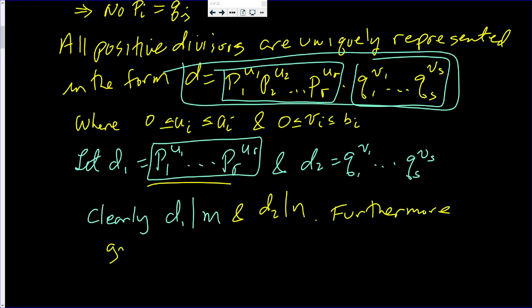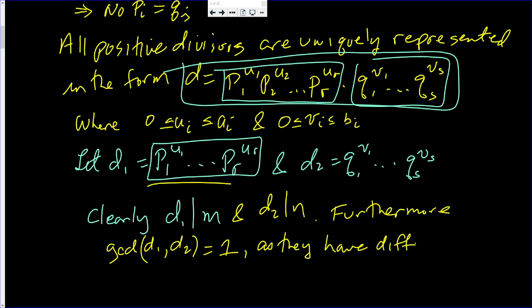Furthermore, the GCD of D1 and D2 is 1. One way I can say it is they have different primes.